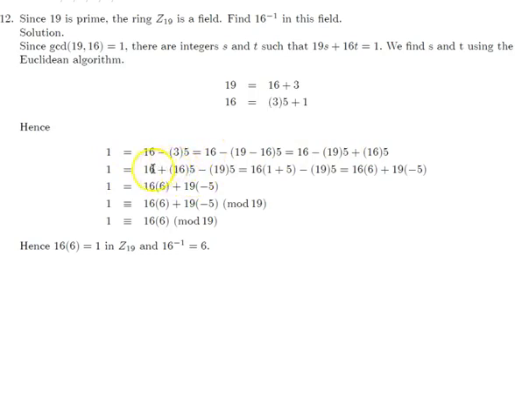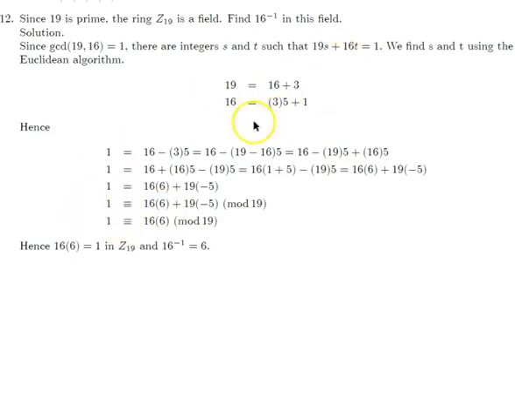Then factor out 16. So we have 16 times 6 plus 19 times negative 5. So s is -5 and t is 6.